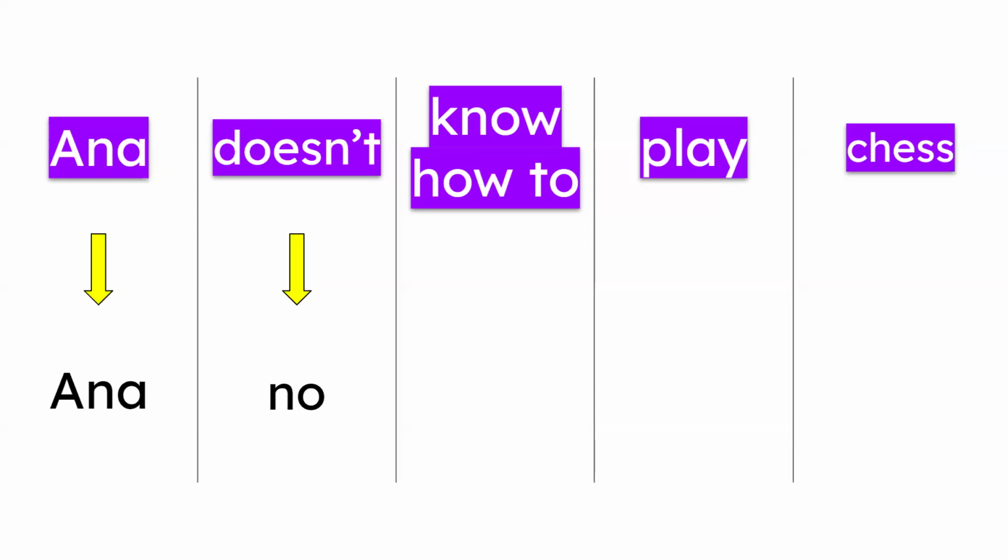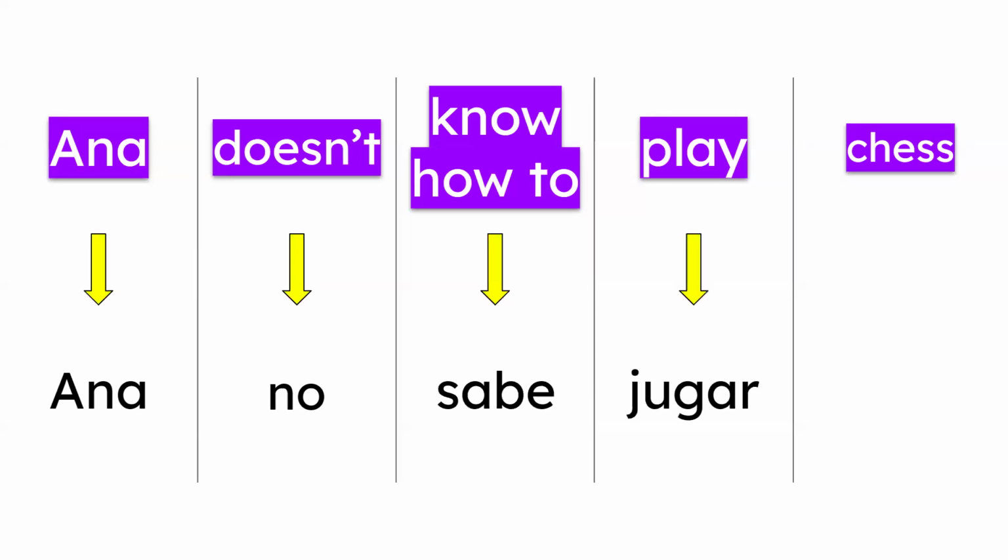And that goes sabe. That's right. Remember, yo sé, tú sabes, él, ella sabe. So Ana no sabe, and the next verb goes in its base form, right? Then "to play" in Spanish is jugar. That's right.